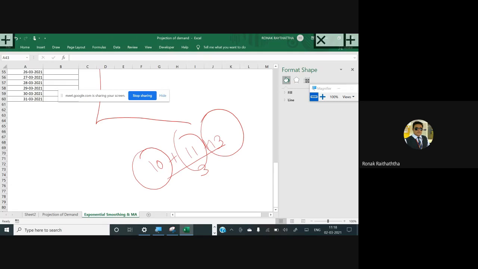What if the recent data matters more to me? Or what if the previous data matters more to me as compared to the recent data? So how do you define what matters more and what does not matter much? If something matters more, that means it holds the greater weight, right? And if something does not matter a lot, it should have the lesser weight.